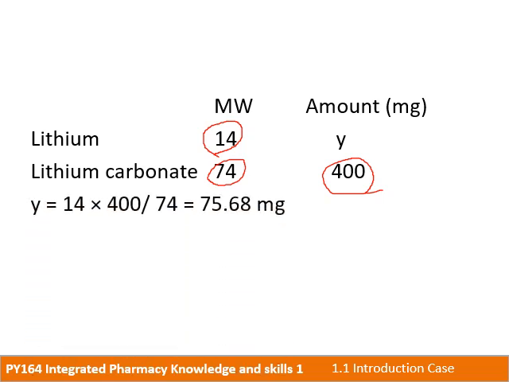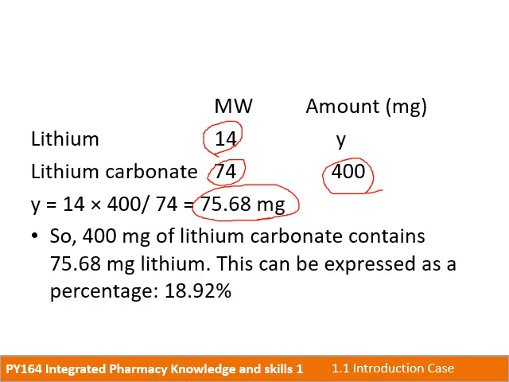And again, rearranging the equation, it means we've actually got 75.68 milligrams of the element lithium in that drug that we're giving. If we express that as a percentage, it comes out to just under 19%, so 18.92%.